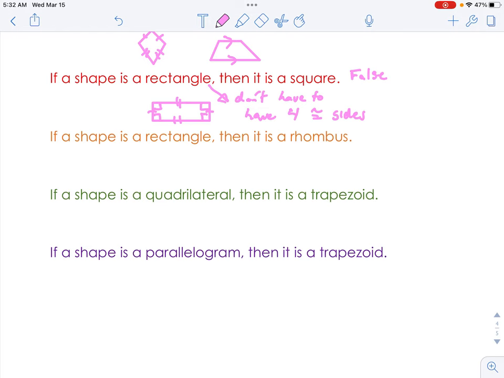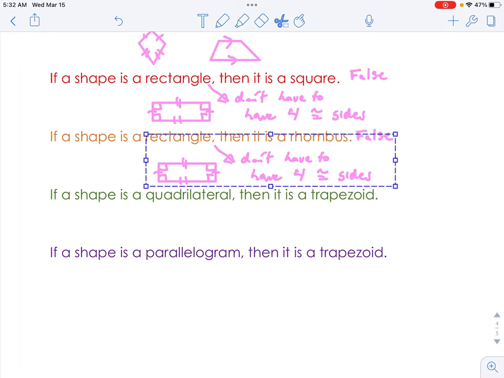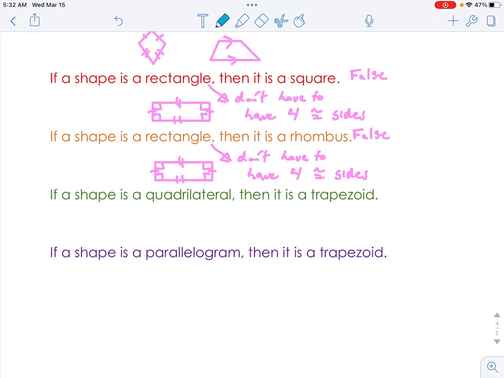And this is really just the same logic down here. Because the definition of a rhombus is four congruent sides, a rectangle can be a rhombus, but it doesn't have to be. It's basically the same concept as a square.